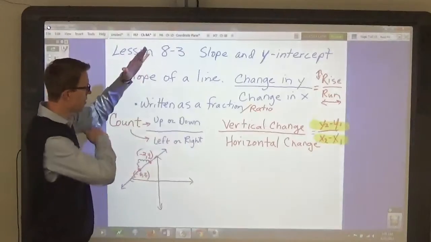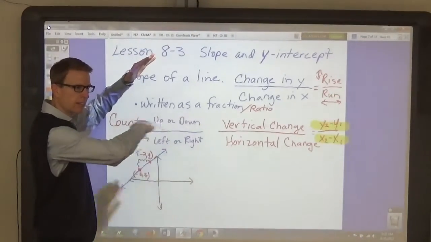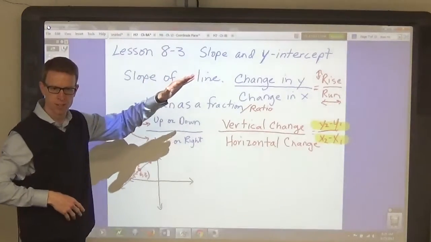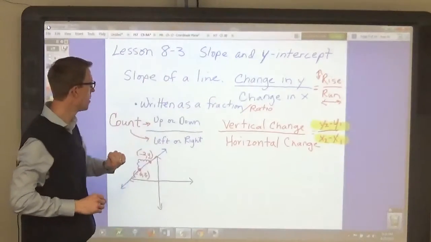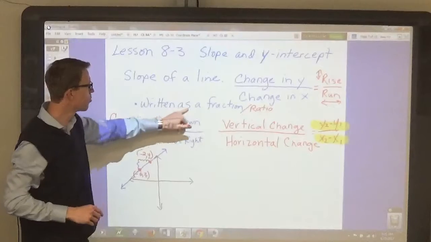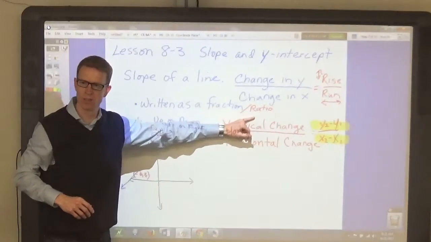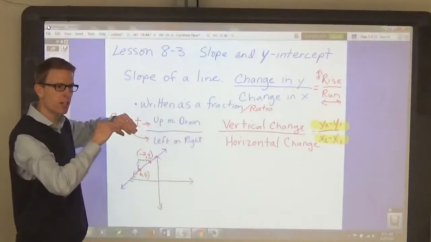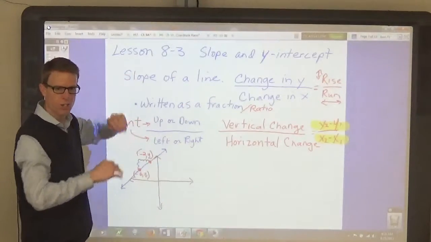So as the line is changing along the x-axis, it's changing along the y-axis. And that's called the slope of the line. The slope is written as a fraction or a ratio. Okay, it's really a ratio of the change in y over the change in x.